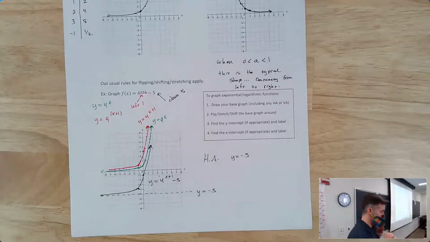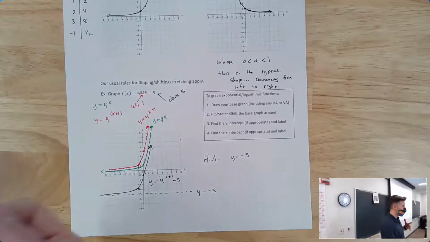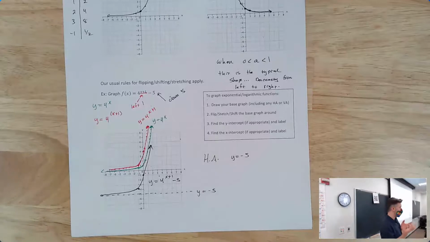So why does the order matter? Like, why couldn't you put down 5 first? You totally could. If you're just dealing with shifts, you can do the vertical shift and the horizontal shift completely separate from each other. It doesn't really matter which one you do first. I like to think of it as working from the inside of the function out.